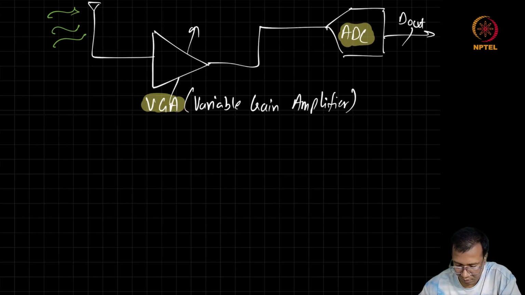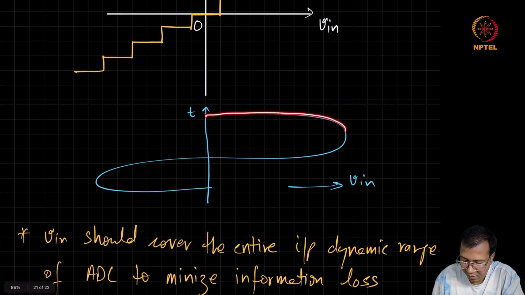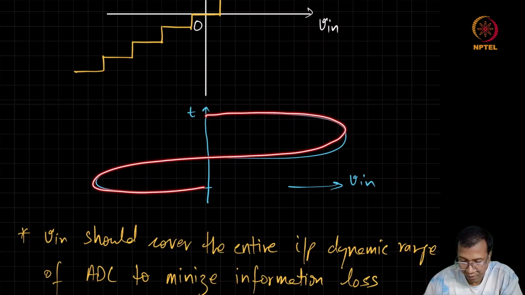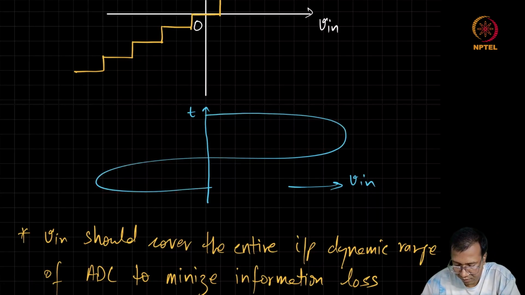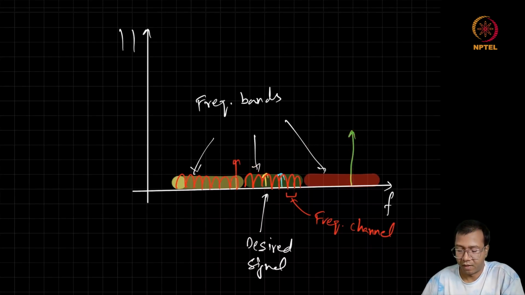For example, we may want to maximize the input signal swing at the ADC, but the signal which is going to be received may not just have our own signal, it may also have signals from other transmitters, which can be much more powerful than the desired signal.